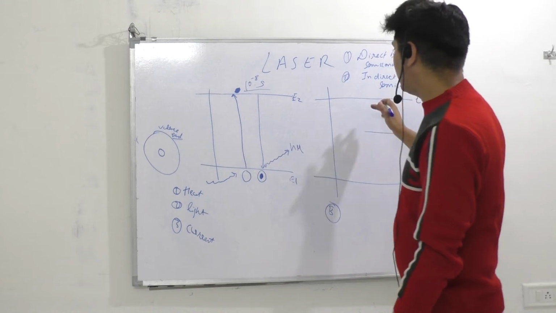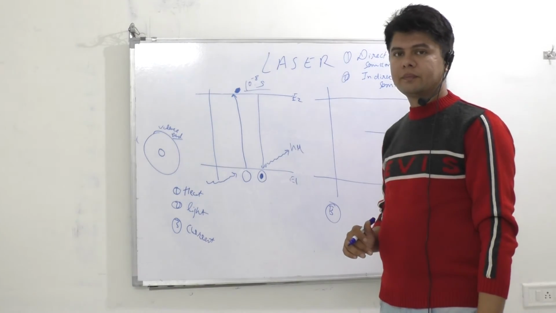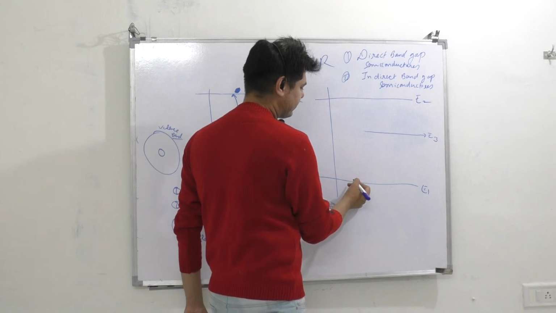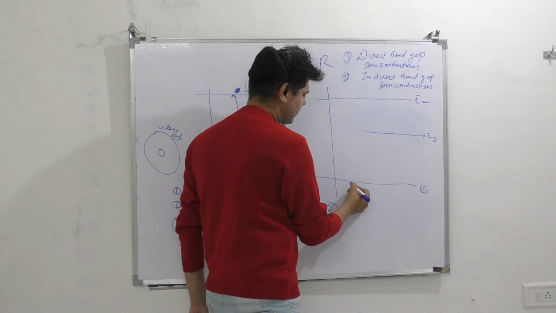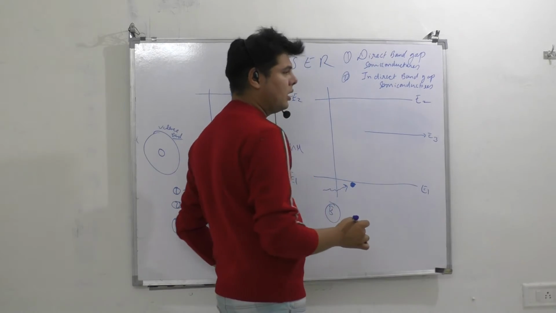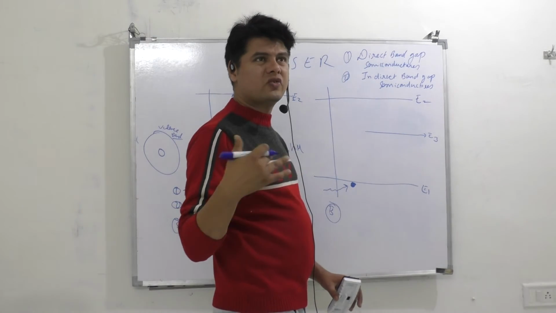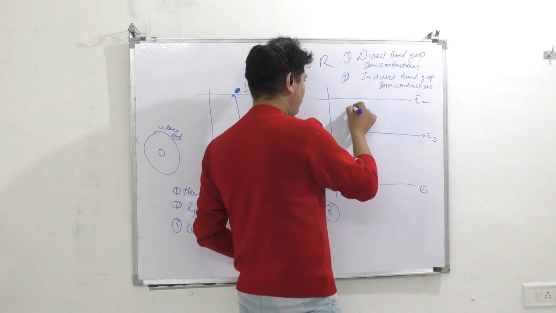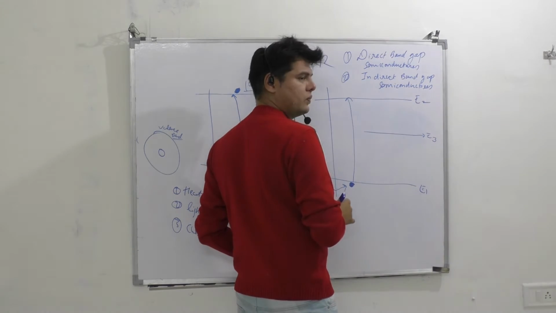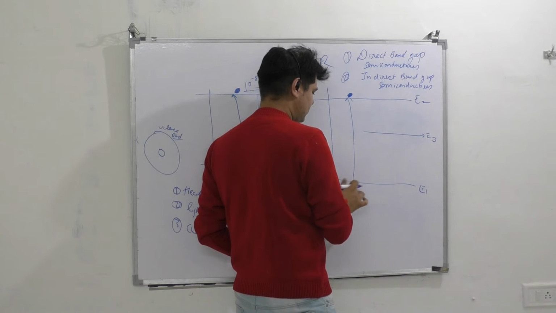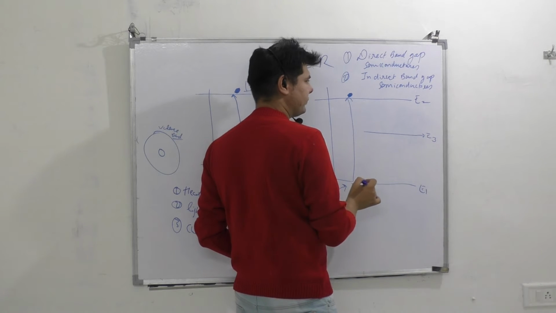But in a laser material, whenever electrons get the energy from an external means, they will move to the energy state E2 and create a hole here.